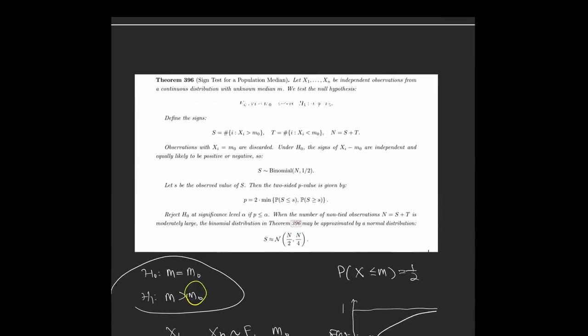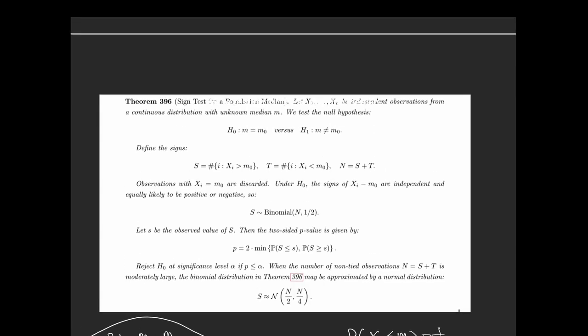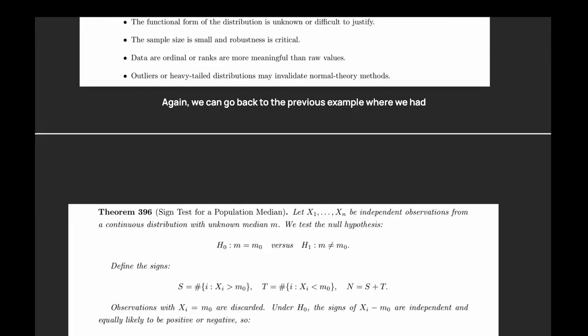Now we want to be very clear what we are testing for. Here, we are not testing for the mean of the distribution, we're testing for the population median. Again, we can go back to the previous example where we had this portfolio return from selling deep out of the money puts. What we observed was that this is a very negatively skewed strategy.